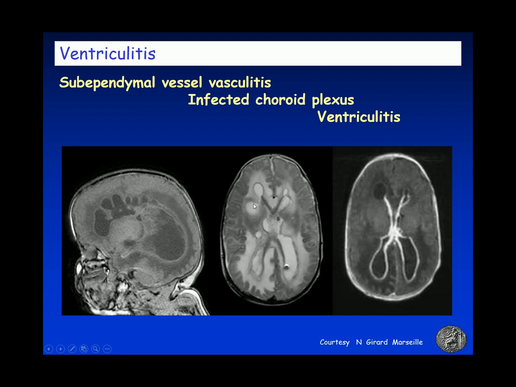And if you perform T1 weighted images after contrast administration, you see this enhancement of the wall of the lateral ventricles. And this is a typical appearance of ventriculitis, because normally you don't see enhancement of the wall of the lateral ventricles, of whatever ventricle anyway.